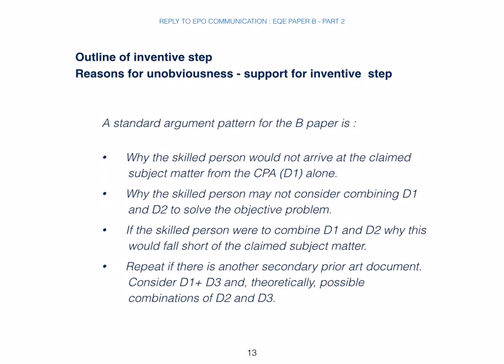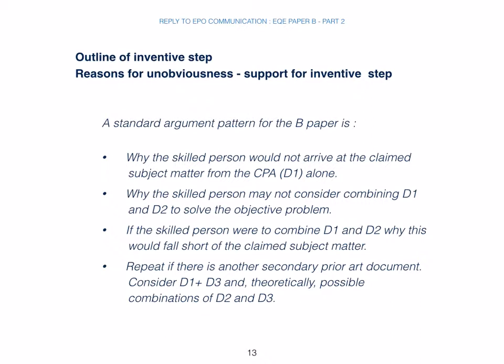Then, why the skilled person may not consider combining the closest prior art with the secondary prior art, in other words, D1 and D2, to solve the objective problem. Next, if the skilled person were to combine D1 and D2, why this combination would fall short of the claimed subject matter. And then you repeat this pattern if there is another secondary prior art document, D3.